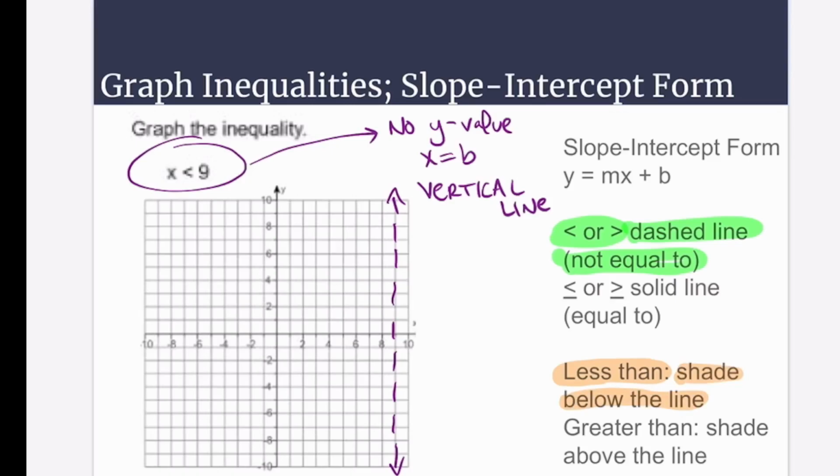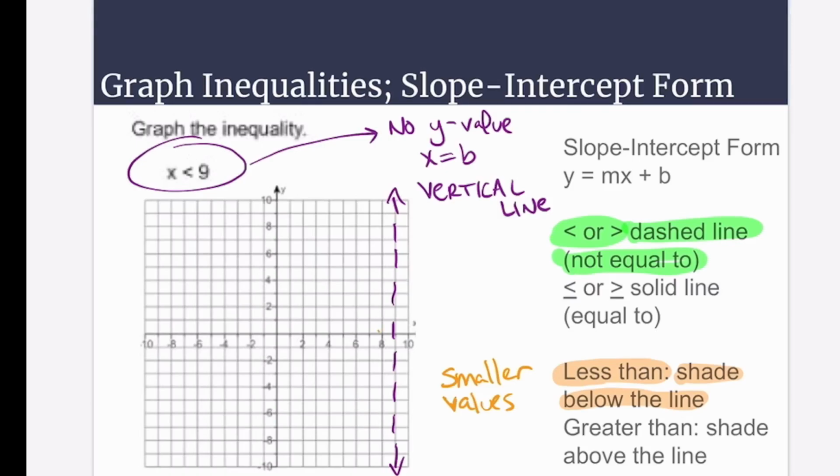Now when you have a vertical line, this doesn't make sense. So what you're doing is you're shading for numbers that are less than. So you're shading towards smaller values. And if we're only looking at x's, you're specifically looking for smaller x values.